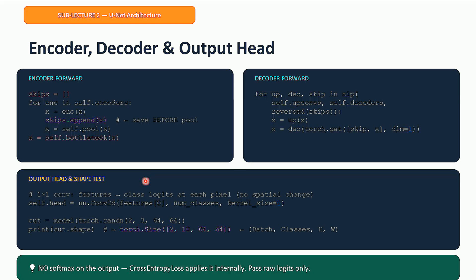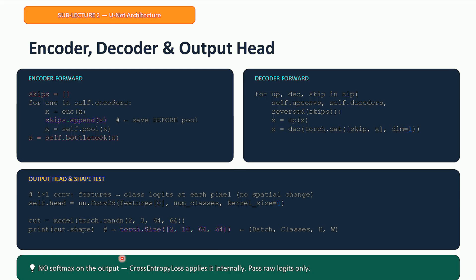And one very important thing, no softmax on the output. Cross entropy loss in PyTorch applies softmax internally. If you add softmax yourself, it gets applied twice. Test the shape.